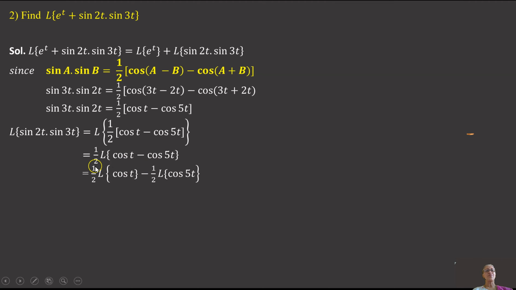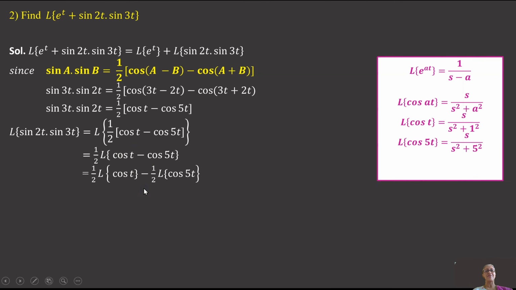So this gives 1 by 2 into the Laplace transform of cos t minus 1 by 2 into the Laplace transform of cos 5t. Now the Laplace transform of cos at equals s upon s square plus a square, according to the Laplace transforms of elementary functions. So here the Laplace transform of cos t gives s by s square plus 1 square.